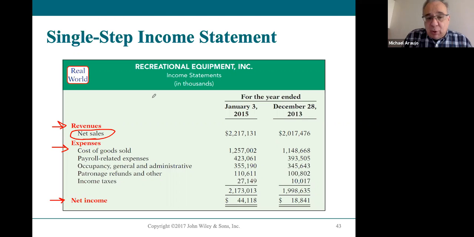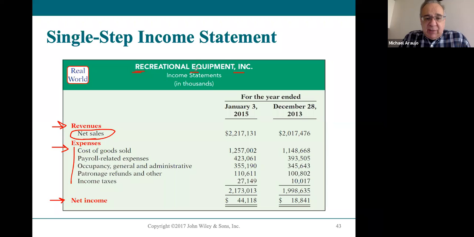And like I was telling you, most corporations that are in merchandising, and this company REI is in merchandising, it's sort of like a sporting goods outdoors type store, like Dick's or Cabela's or Modell's. And so here they report their revenue as net sales. And again, here are all the different expenses that are listed. You notice one that is introduced to you in this chapter.